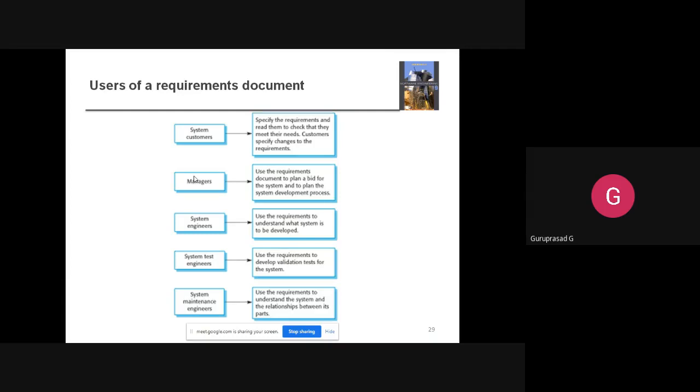His aim is to plan a bid for the system and to plan the development process. He's not going to test the system, nor develop the system. So different types of users go through the requirements document and collect the information in a different way. So interpretation will be different for different types of people. So this is all about the users of the requirements document.